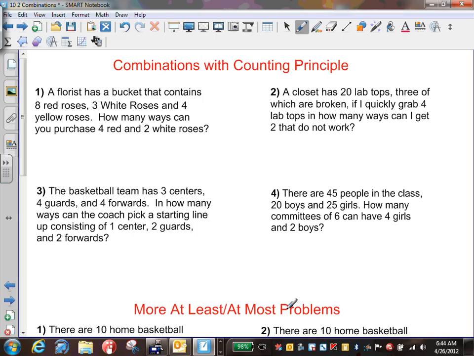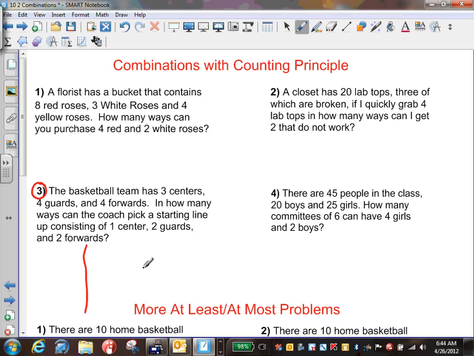But let's take a look here at number 3. 3 is a really good example showing how to put multiple combinations together. All right, so a basketball team has 3 centers, 4 guards, and 4 forwards. How many ways can a coach pick a starting lineup that consists of a center, a guard, and 2 forwards? So when you look at these things, you want to put together groups.